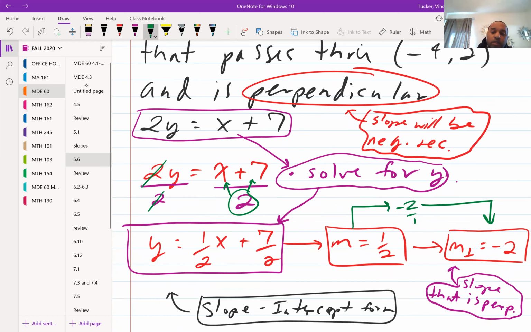That is the slope of the line that's perpendicular to the line that was given to us. So negative reciprocal. You have to flip the fraction and use the opposite sign. So we had 1/2. We flipped it to 2 over 1, but it was positive, so that means it had to be -2 over 1.